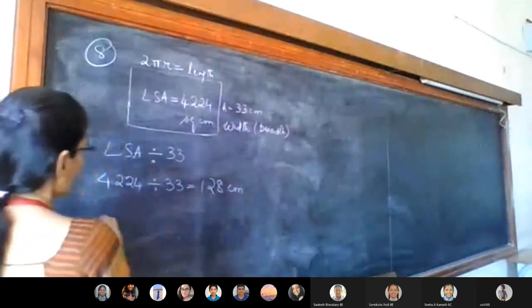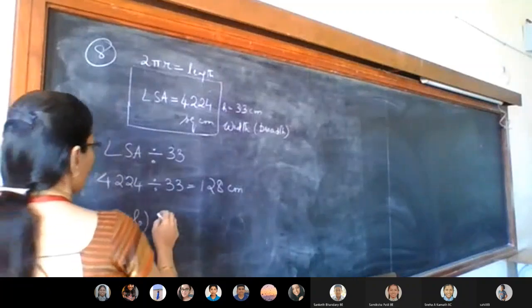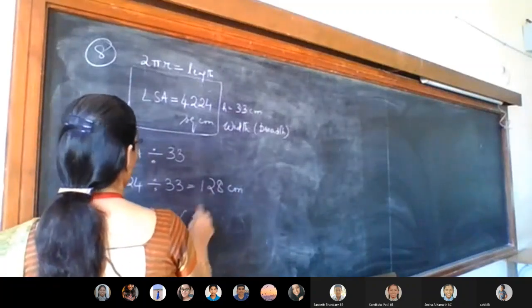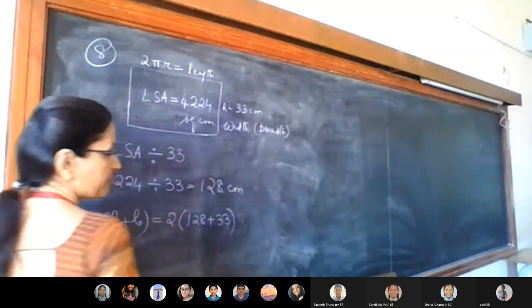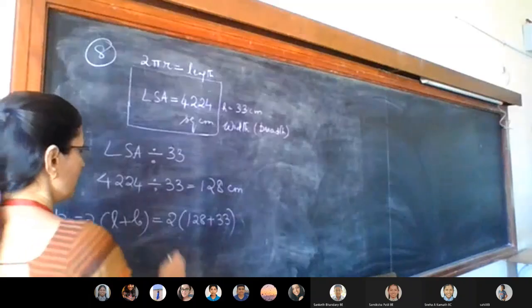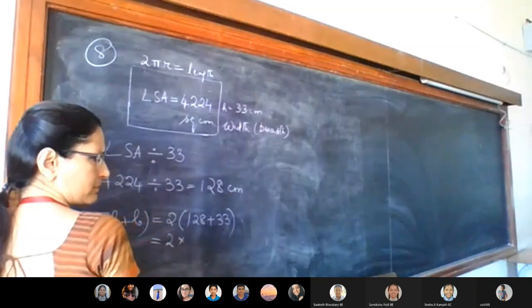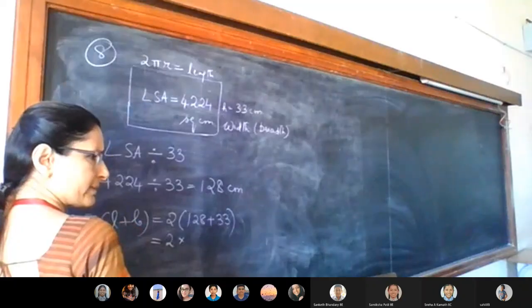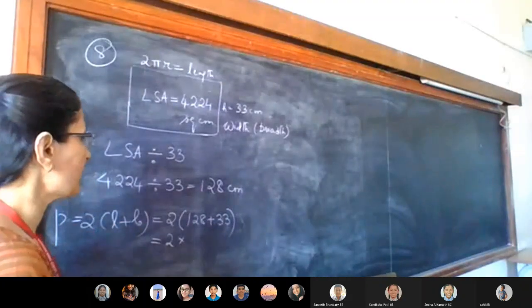So 2 into L plus B is perimeter. This gives 2 into 128 plus 33. 161. Okay, is that the answer given? No. The answer is given different. Okay, I don't know how much ever.